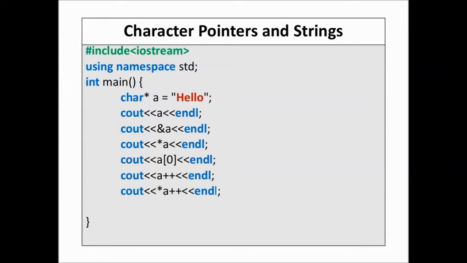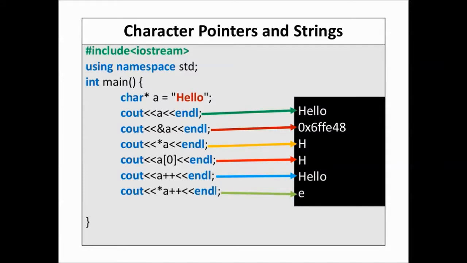So here is the output. When we write cout a, it gives us the value stored in it, that is hello, and then we use the reference operator and a, then it gives us the base address of this string pointer.